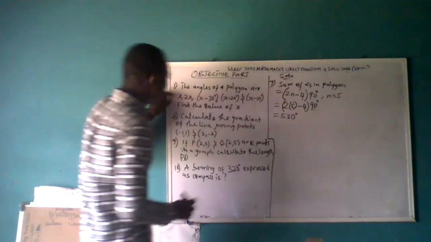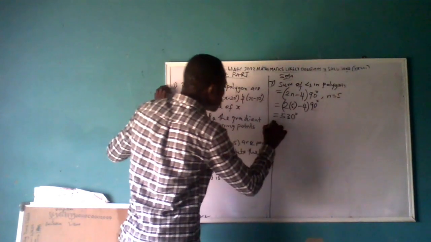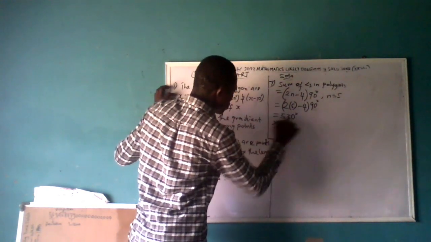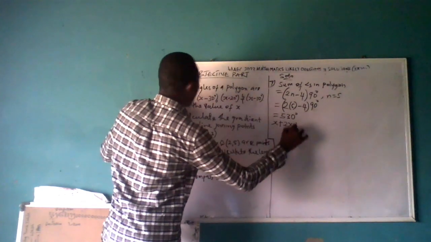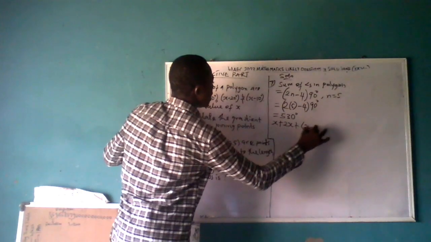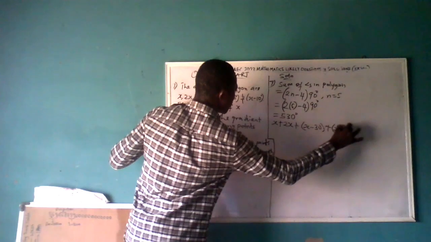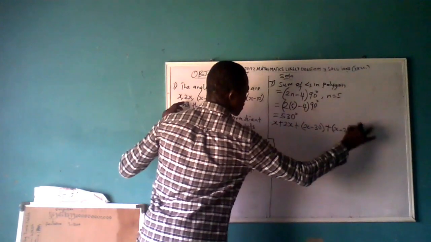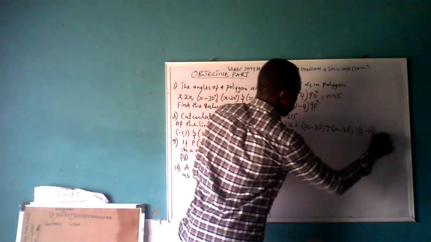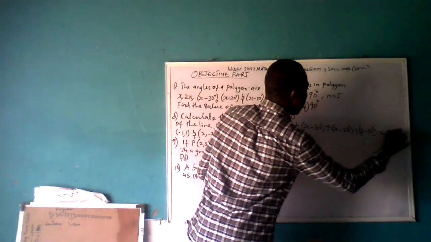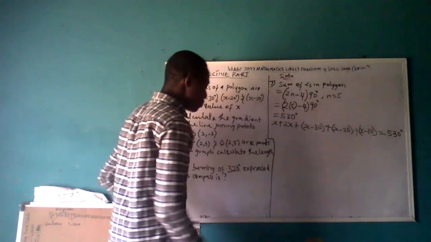Okay, let's do that, because we have gotten the sum of the angles in the polygon. So if we sum up all the angles, x plus 2x, plus x minus 30, plus x minus 20, plus x minus 10, everything added together must be equal to the sum.